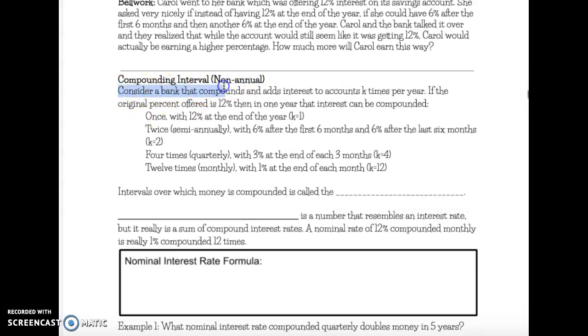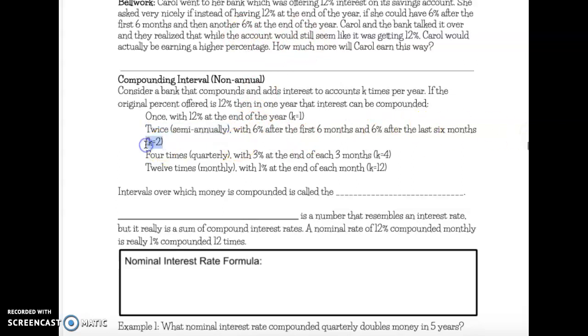So consider a bank that compounds and adds interest to accounts k times per year. This is a variable. If the original percent offered is 12%, then in 1 year that interest can be compounded 1 time, with 12% at the end of the year, twice, 2 times a year like Carol was asking for, with 6% after the first 6 and 6% after the last 6.